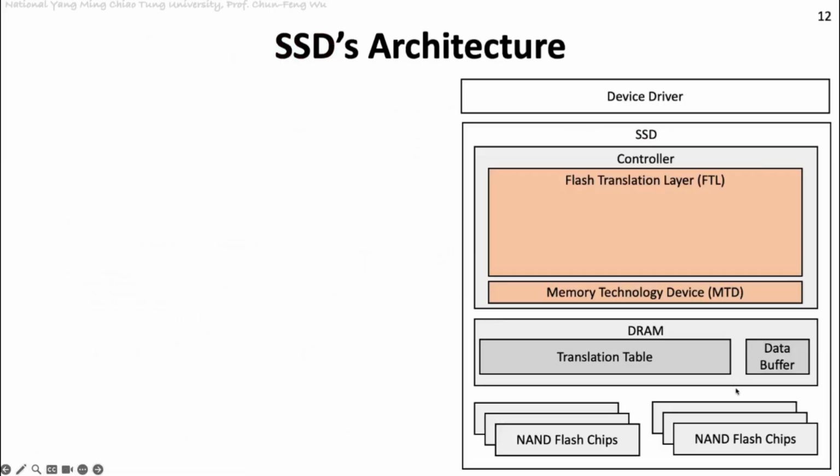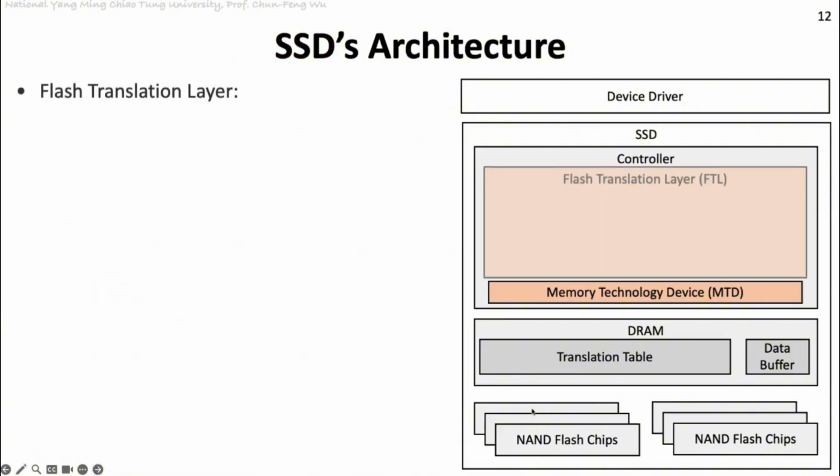Okay, so let's move on to the SSD architecture. We talked about a lot of NAND flash cells. But in SSDs, like Phison or Silicon Motion, in most cases they focus on designing a controller, because there are several constraints in NAND flash chips.